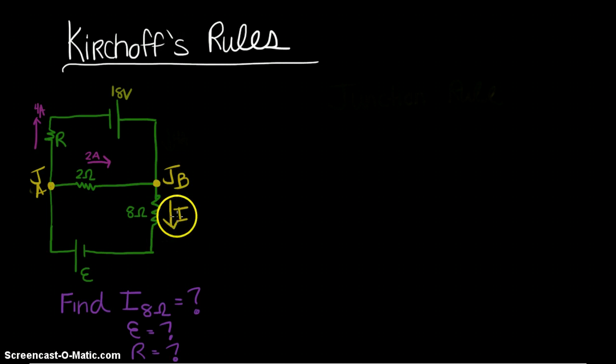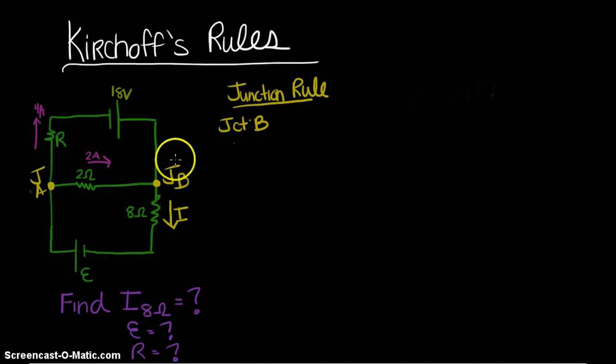Alright. So if I look at junction B, I'm going to use the junction rule because I'm talking about current here. So at junction B, let's find the current into it.